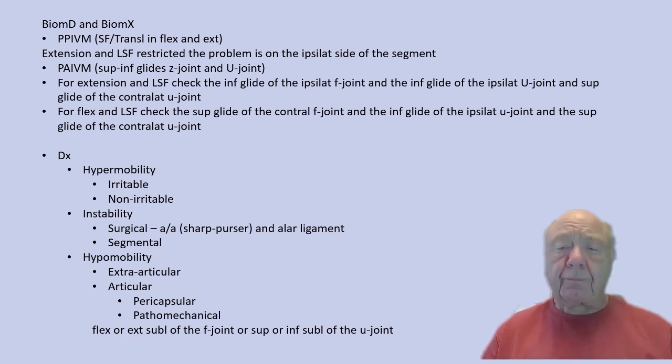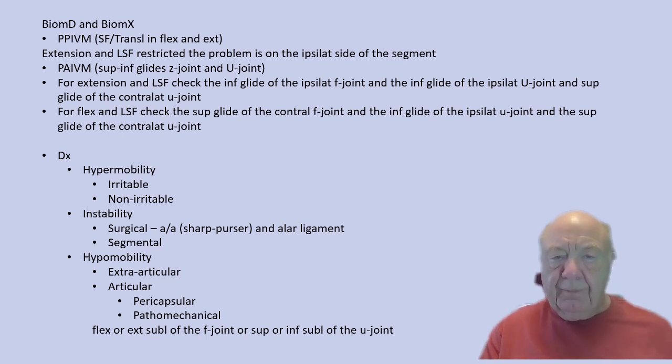So if I'm side flexing left and translating right, then if the facet cannot reach its full extension, the reason it can't reach its full extension may not be the facet. It may be an extra-articular problem that's stopping the facet from getting there, or the U-joint that's not getting there. But for the moment, we're going to say whatever's stopping the segment is stopping the facet from reaching full extension.